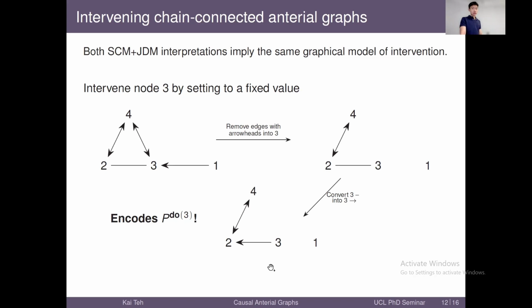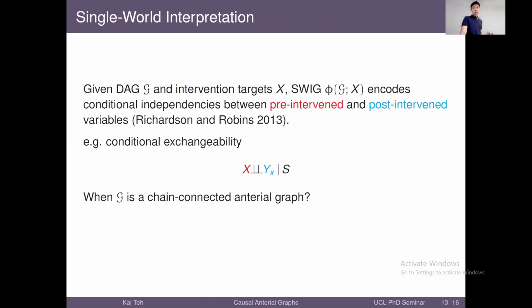Just like in a DAG, when you intervene on the graph, that captures the post-intervene distribution. Here, we also capture the post-intervene distribution after you intervene on node 3. So that's one neat thing that drops out from our interpretation.